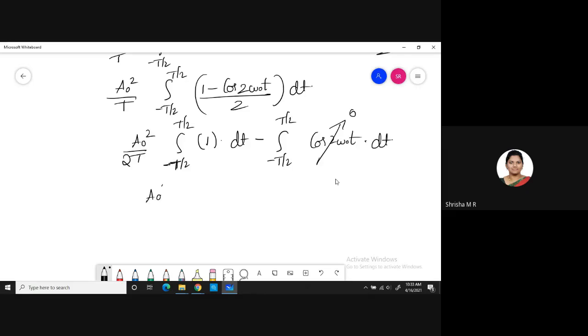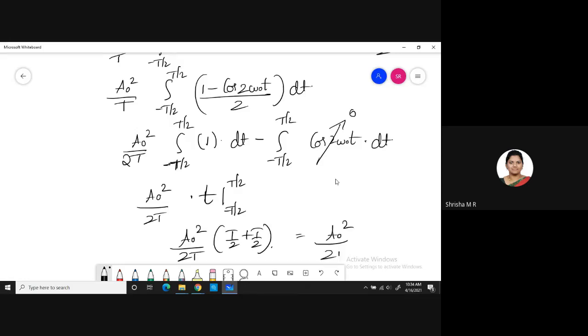So you have A naught square by 2T into T with limits minus T by 2 to T by 2. If you integrate 1, you get T with limits minus T by 2 to T by 2. So what do you get? A naught square by 2T into T by 2 plus T by 2, so you get T. So A naught square by 2T into T, that would be A naught square by 2.